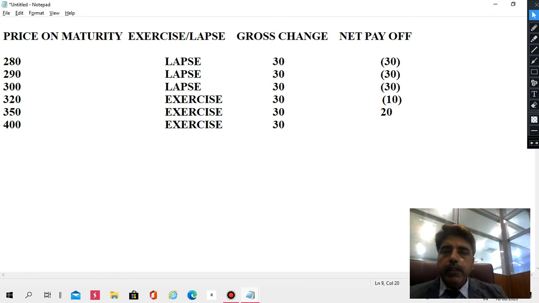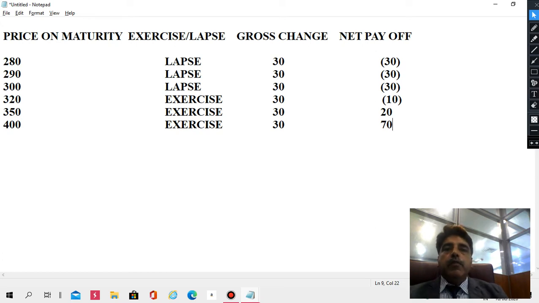He is going to have 330. 330 is the break-even point, right? And 30 he pays as a part of premium, so that will be 70. So 70 rupees will be his net payoff.